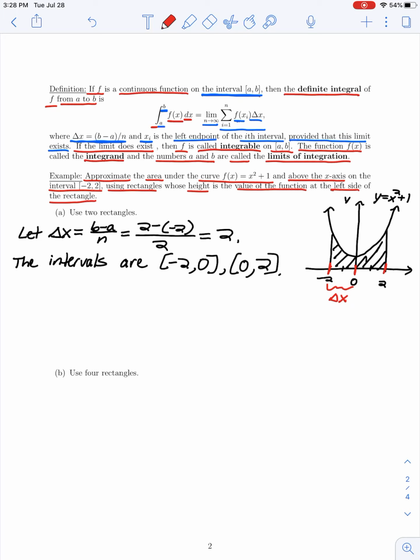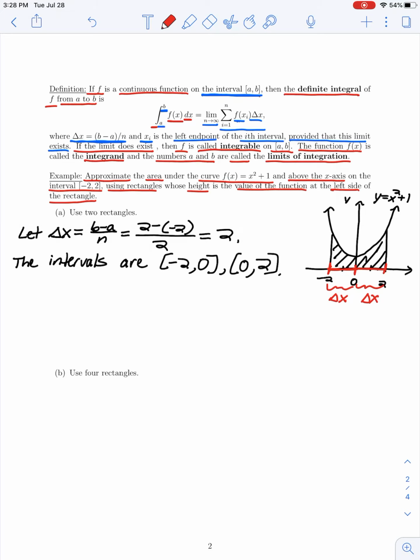So here delta x was 2, so we're moving from -2 to 0, and then from 0 to 2. So these subintervals will be the bases of our rectangles, and we're told that the height of the rectangles are given by the value of the function at the left side of this rectangle.